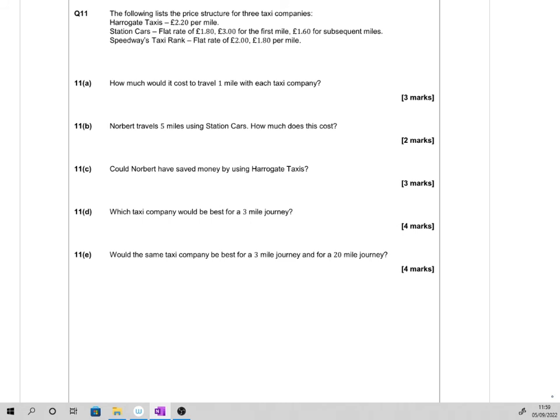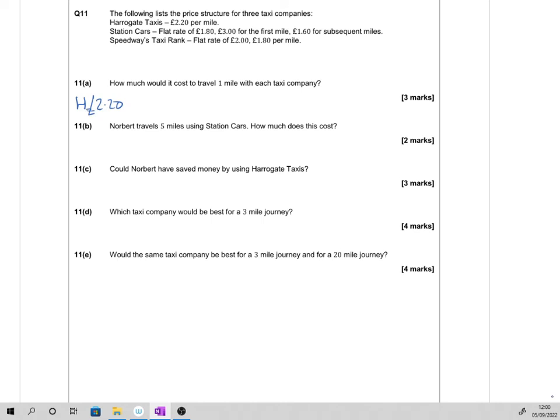The following lists the price structure for 3 taxi companies. Harrogate taxis, £2.20. Station cars, flat rate, £3 for the first mile, then £1.60. Speedway taxi, £2 flat rate plus £1.80. How much would it cost to travel 1 mile with each taxi? So Harrogate is just going to be £2.20.